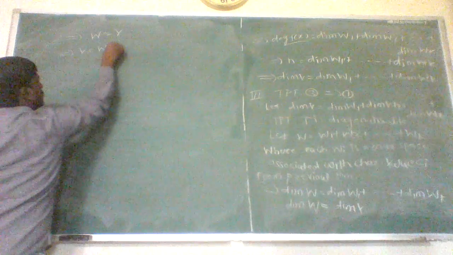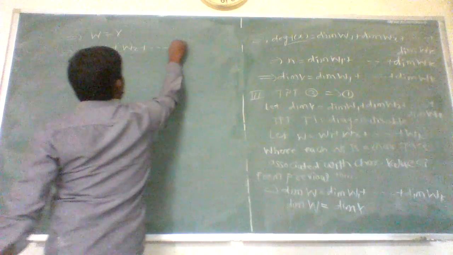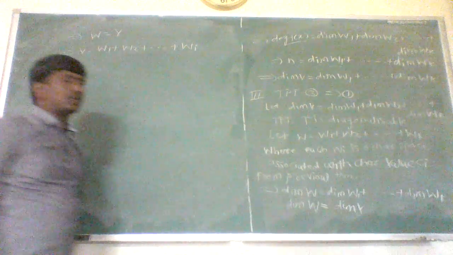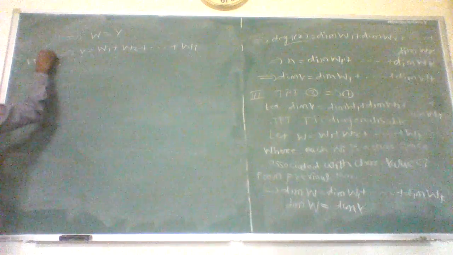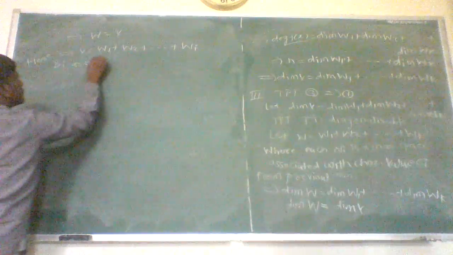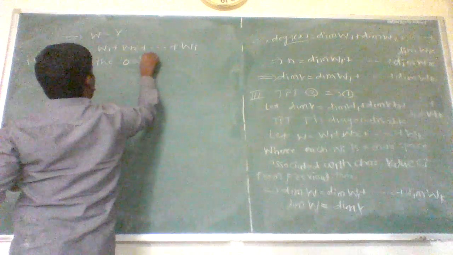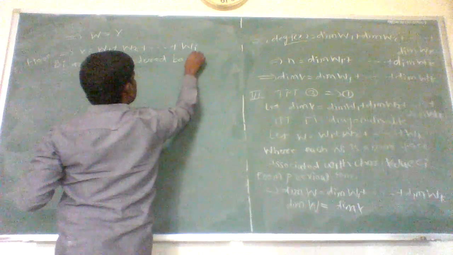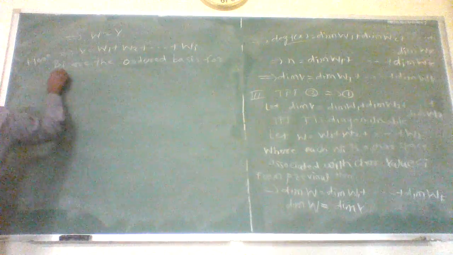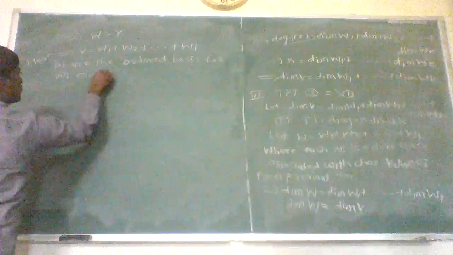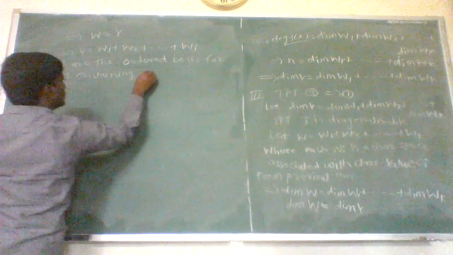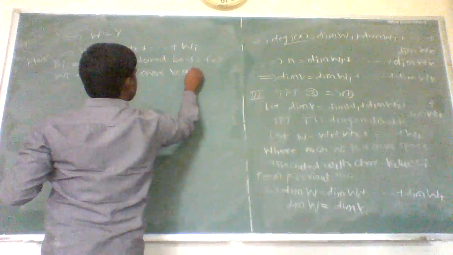But W is nothing but W1 plus W2 plus up to so on Wk, and W equals V, which implies V is nothing but W1 plus W2 plus up to so on Wk, and the Wi are the characteristic spaces associated with the characteristic values ci, and curly Bi are the ordered bases for Wi containing characteristic vectors.